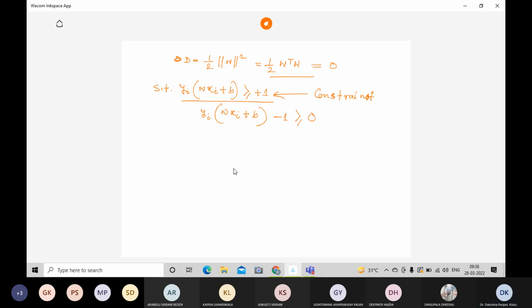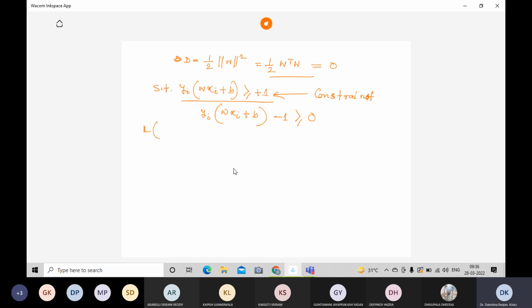Now, initially it was a primal problem. Now we have to deal with the dual problem. That means initially it was a constrained optimization problem. After considering this constraint, our optimization function becomes an unconstrained optimization problem.